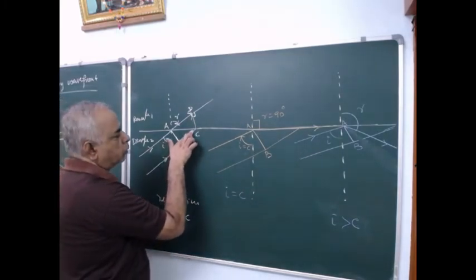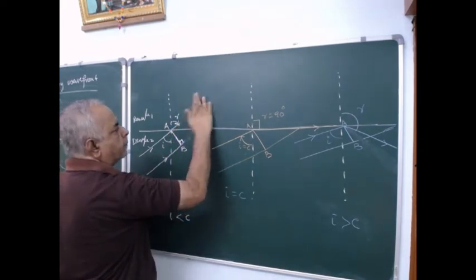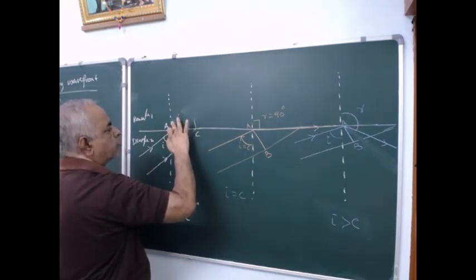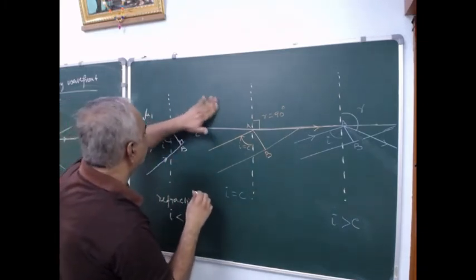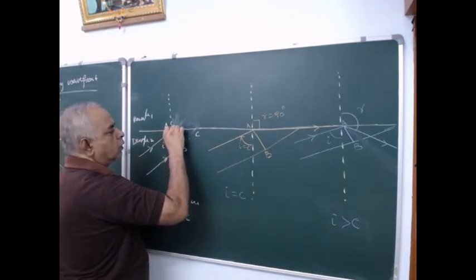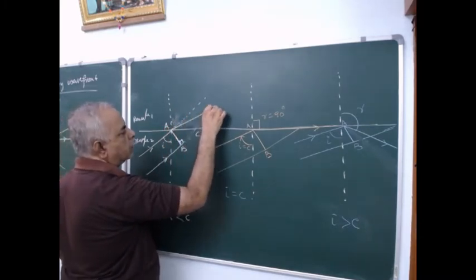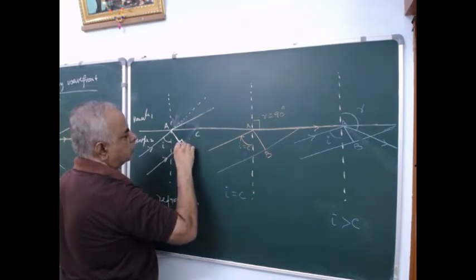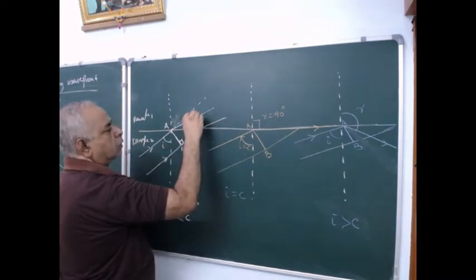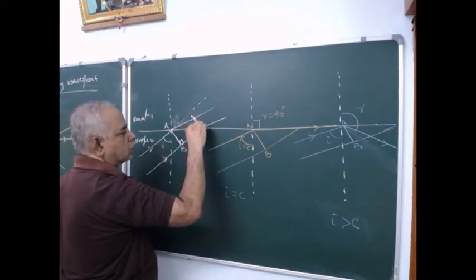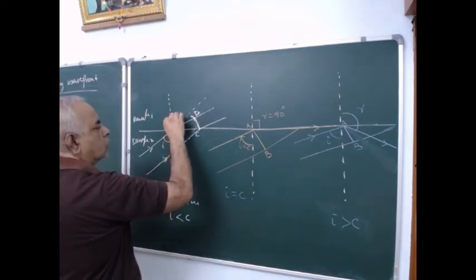Okay. 1 minute. See, this is the undeviated line. It has further deviated like this. So you can show it like this. Okay. So this is T and R is this.